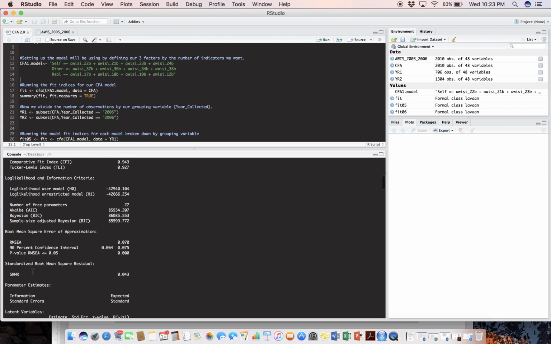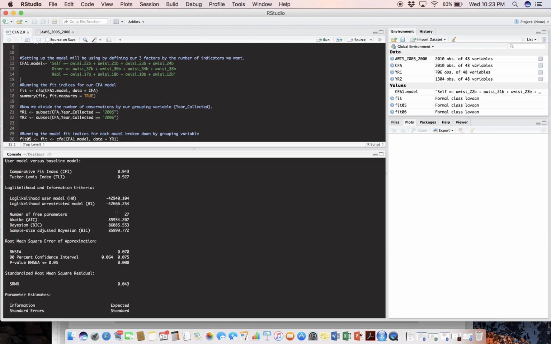All right, and interpreting each one of these: for example, we have our CFI, which is thought to be acceptable at greater than 0.90, but good fit for CFI is considered to be greater than 0.95. That is the general cutoff, but there are no really hard and fast cutoffs for a lot of these fit indices. It's more like guidelines for each one of these.